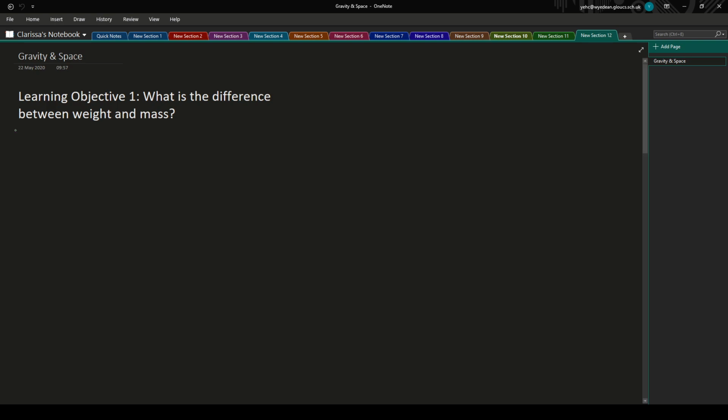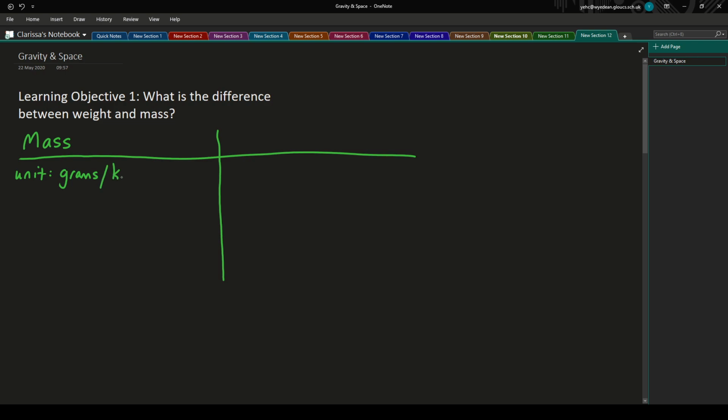So your mass, the unit of measurement is grams, kilograms, etc. You can think of mass as how much stuff makes up what you are.